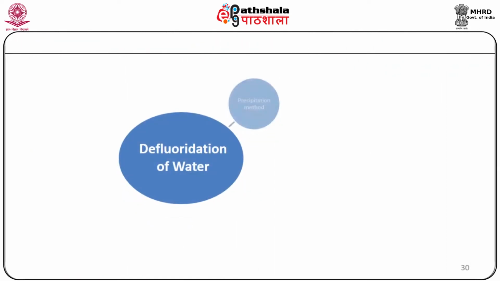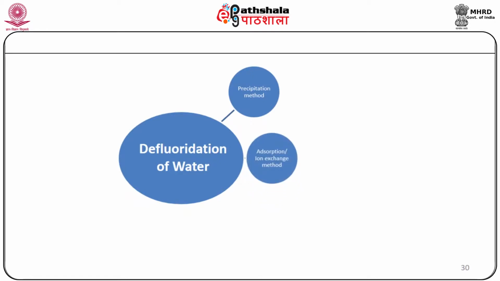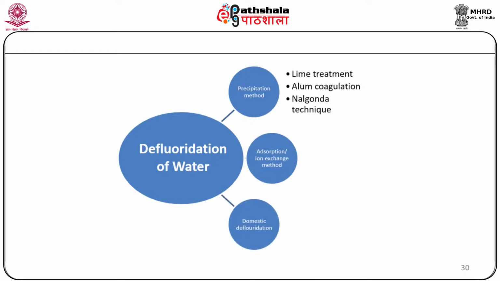For defluoridation of water, there are precipitation methods, adsorption and ion exchange methods, and domestic defluoridation. Among the precipitation methods, the most popular are lime treatment, alum treatment, and the Nalgonda technique.